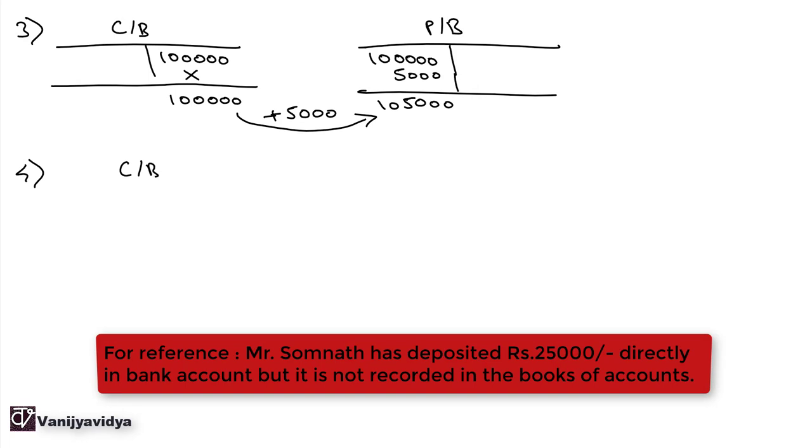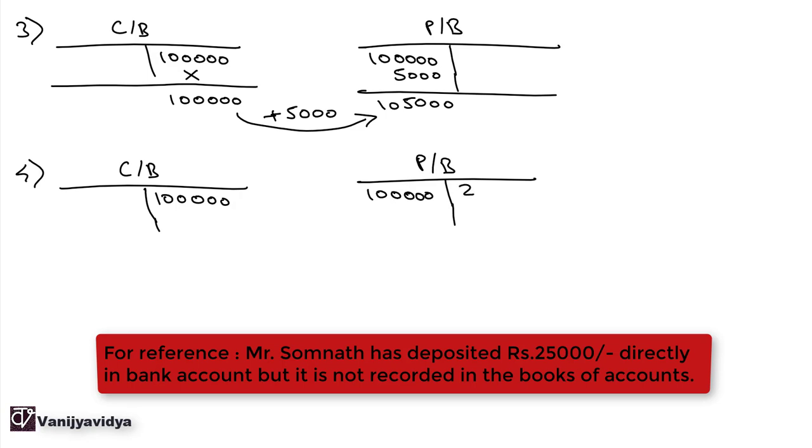4. Cash book, passbook. 1 lakh credit as per cash book, 1 lakh debit as per passbook. Now there is a direct deposit by Mr. Somnath. So in our passbook we have 25,000 on the credit side. There is no entry in our cash book.